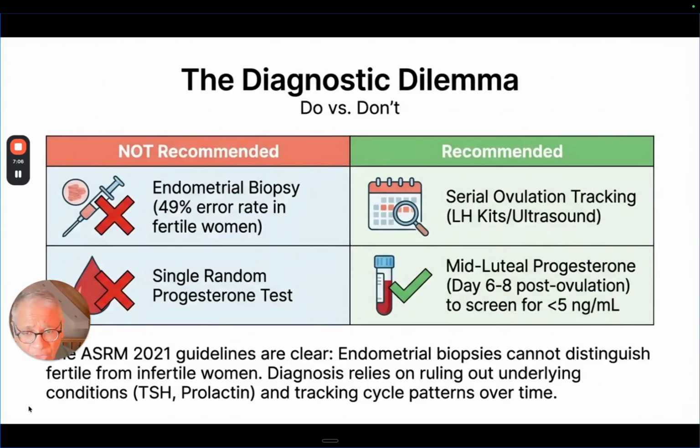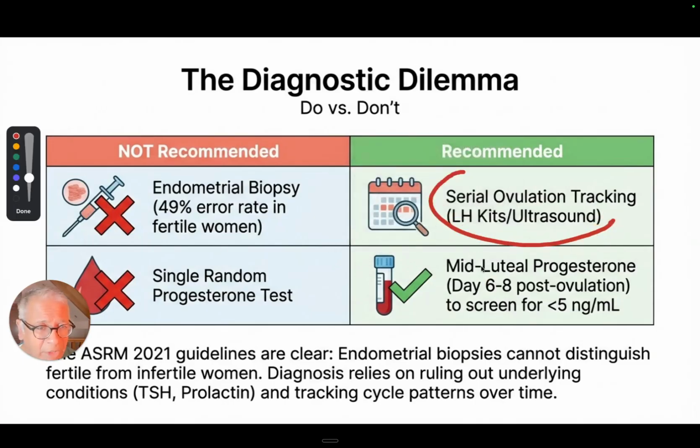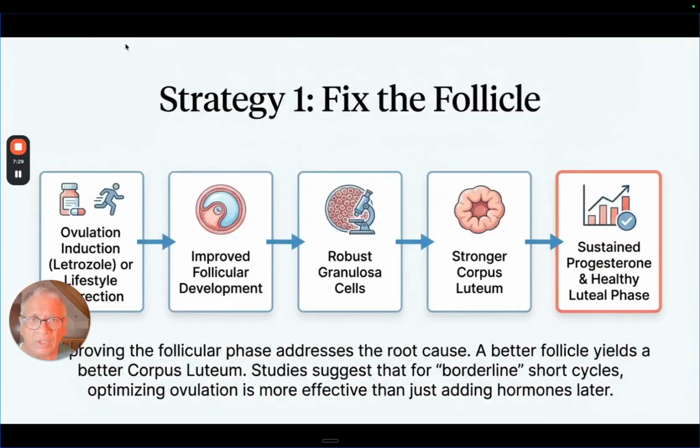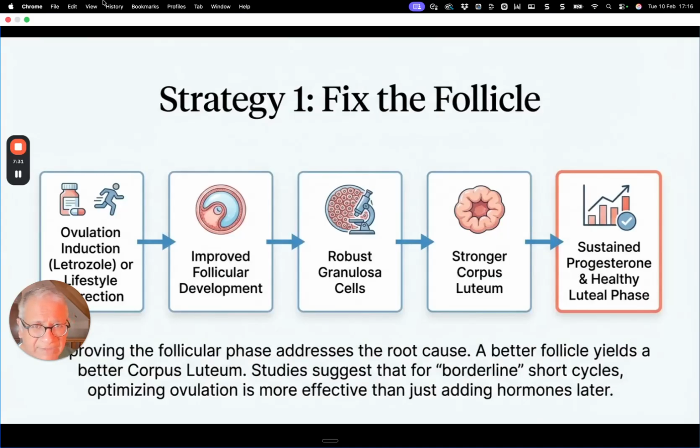Endometrial biopsies cannot distinguish fertile from infertile women. Diagnosis relies on ruling out underlying conditions and tracking cycle patterns. Serial ovulation kits and mid-luteal progesterone 6 to 8 days after ovulation. So it's strategy first.